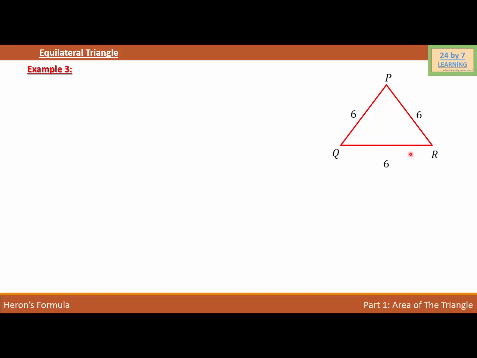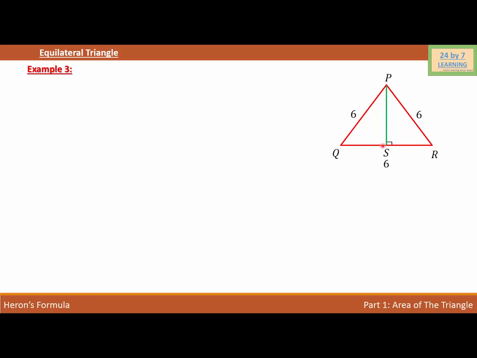In order to find the area of an equilateral triangle, I'm going to drop a perpendicular from point P. So this is my perpendicular, and let this angle be a right angle, and let this be the vertex S. So basically what I did, my side PS is perpendicular to QR, and if I do that, I'm getting two right triangles, which are PQS and PRS.